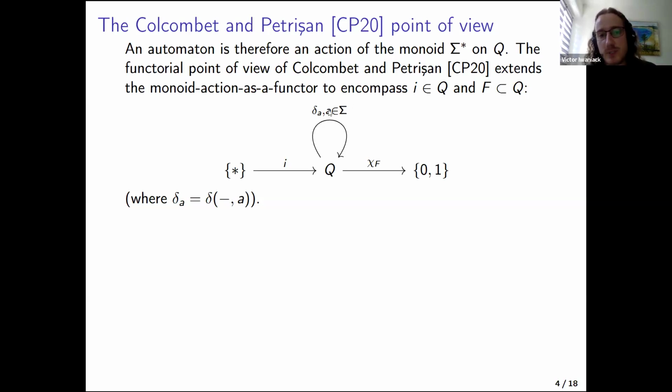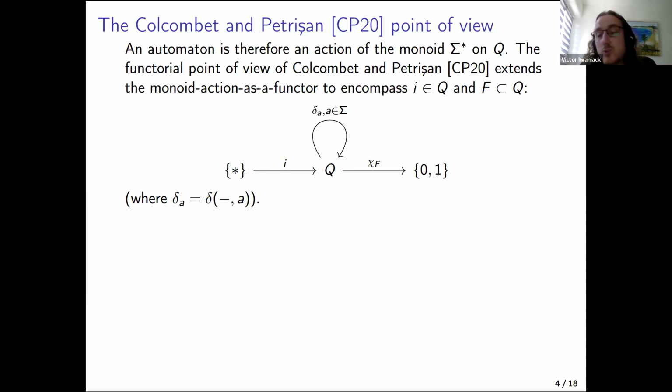If you take that and you add the information of the initial and terminal state, you have all the information you need to describe a complete deterministic automaton. And to do that, you have to see the initial state as a function. So you just take a singleton and you point out where the initial state is in the set of states.